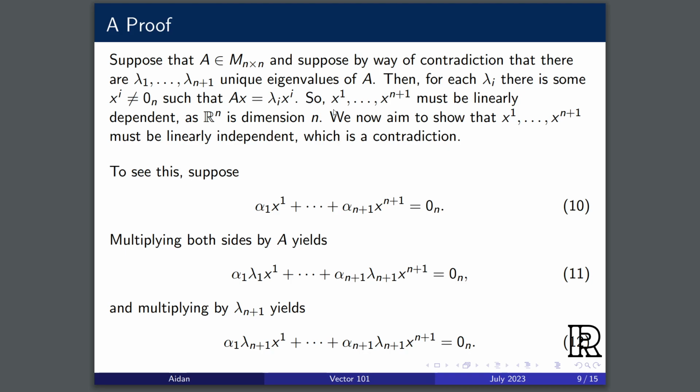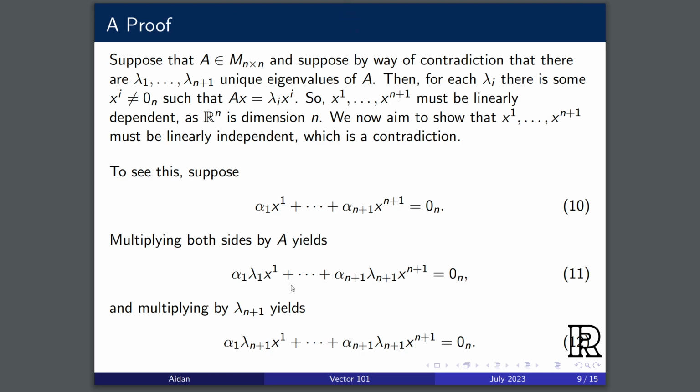It's one of these really tricky things that, once you get it, comes up a lot. What do we know about these vectors xi? We know that when we multiply them by the matrix A, we get lambda i xi.